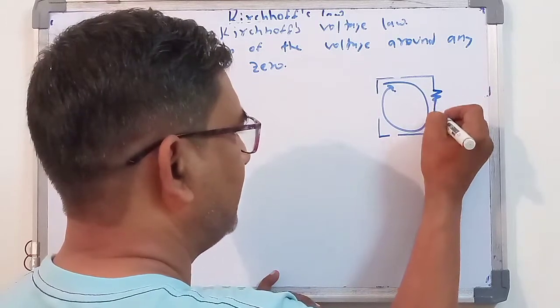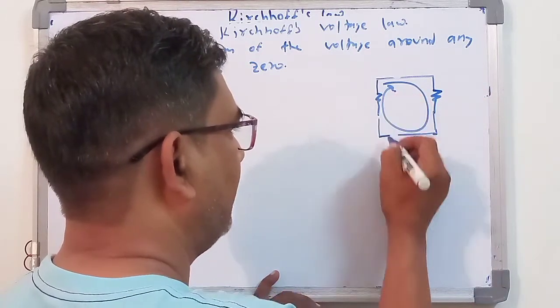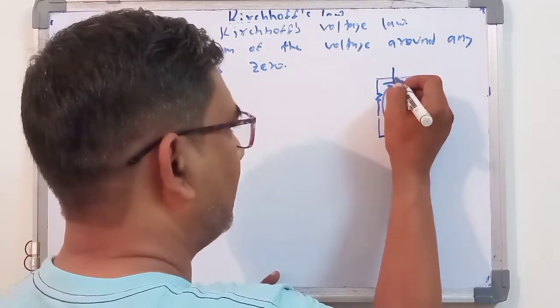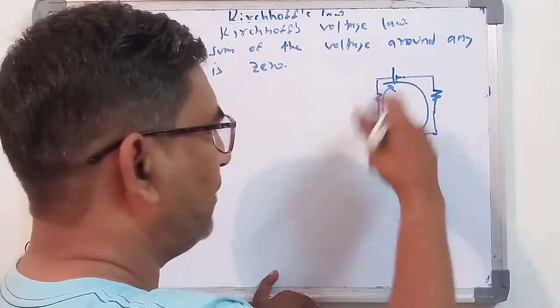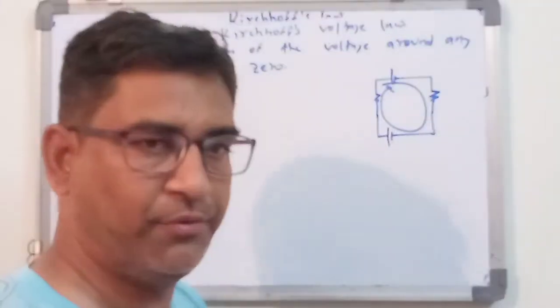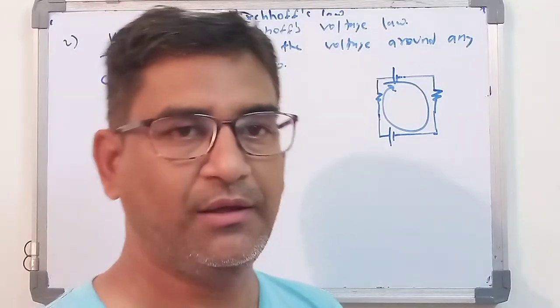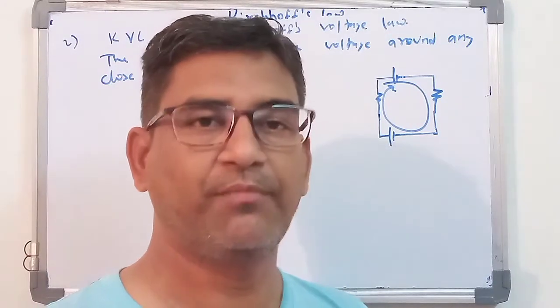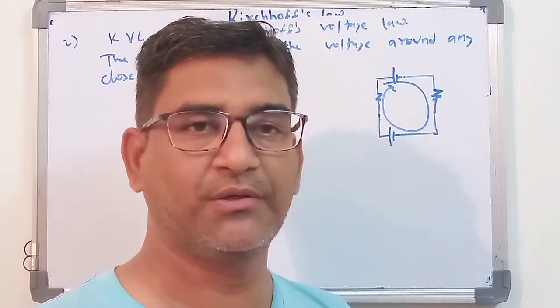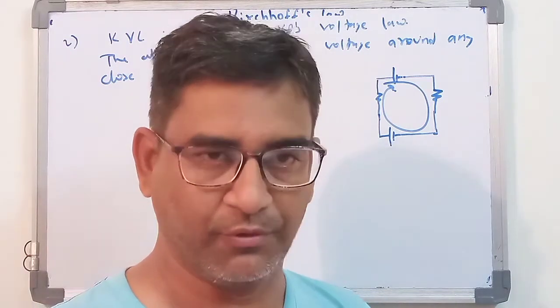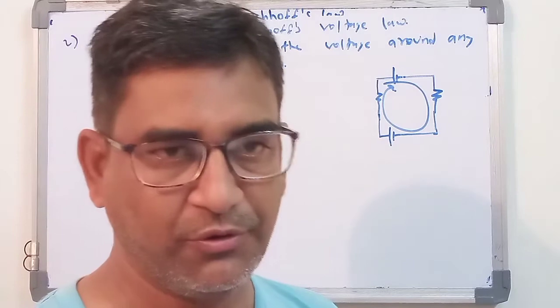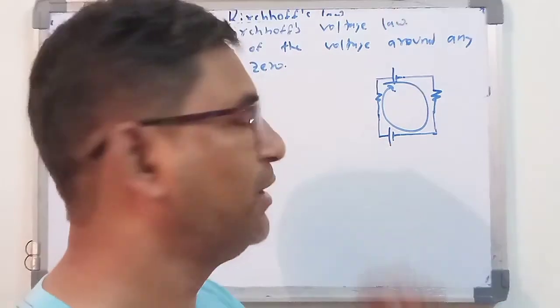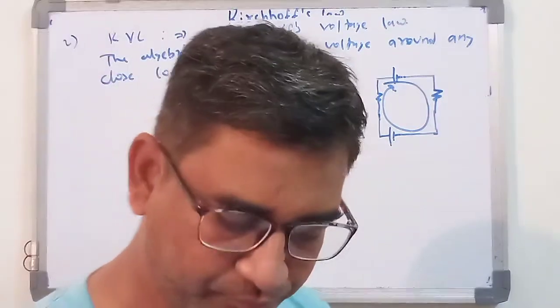Suppose here there is a resistance we have drawn like this, here the voltage we have drawn like this. So in this closed loop, you have to consider the voltage value and the resistance value. From that resistance, how much current is going to flow and how much voltage is going to drop across that resistor, we have to see.